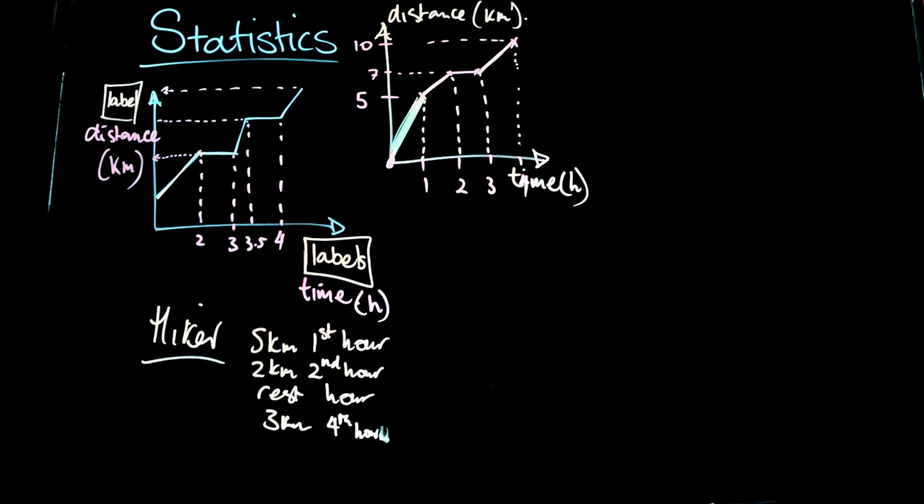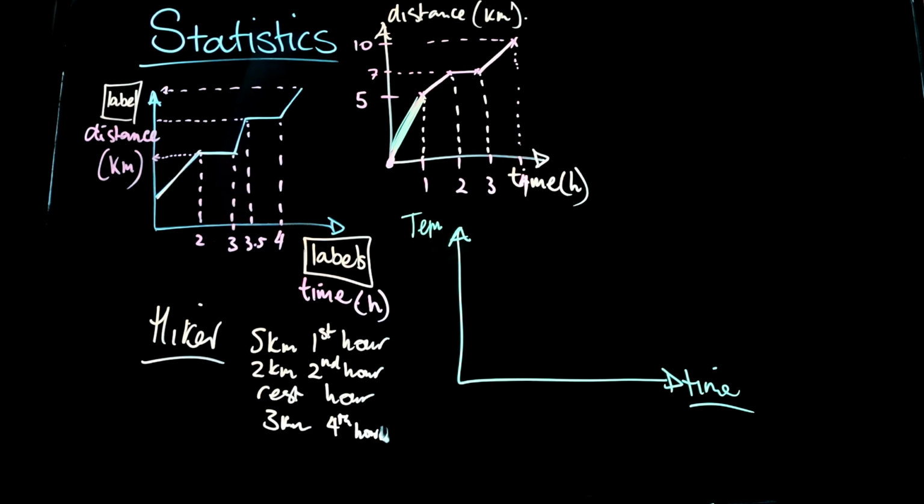So the graph now tells a story, and that's the kind of thing that I want to get across to you. And when you learn to read these graphs, what you're doing is telling a story. So I'm going to start with no information, and I'm just going to label these axes with time and temperature, temp, in degrees Celsius.